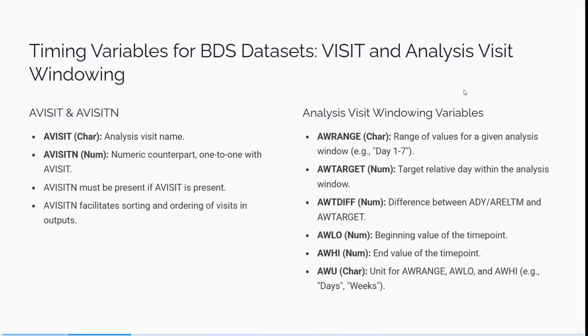Okay, so the timing variables for the BDS datasets: visit and analysis visit windowing. Here we have AVISITN in numeric format and AVISIT in character. AVISITN must be present if a visit is present. AVISITN facilitates sorting and ordering of visits in outputs. AVISIT is a conceptual description such as average endpoint.